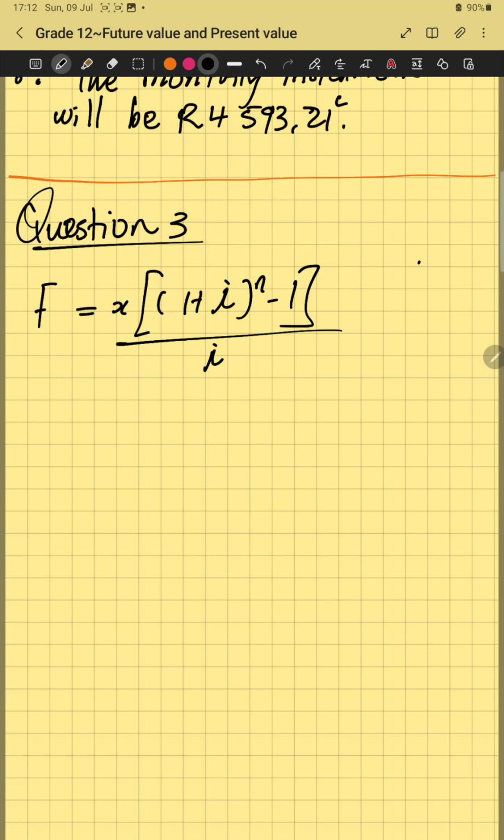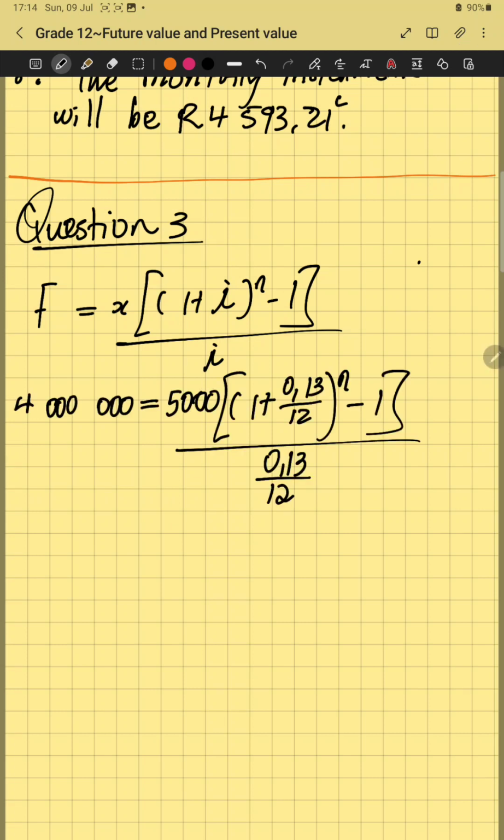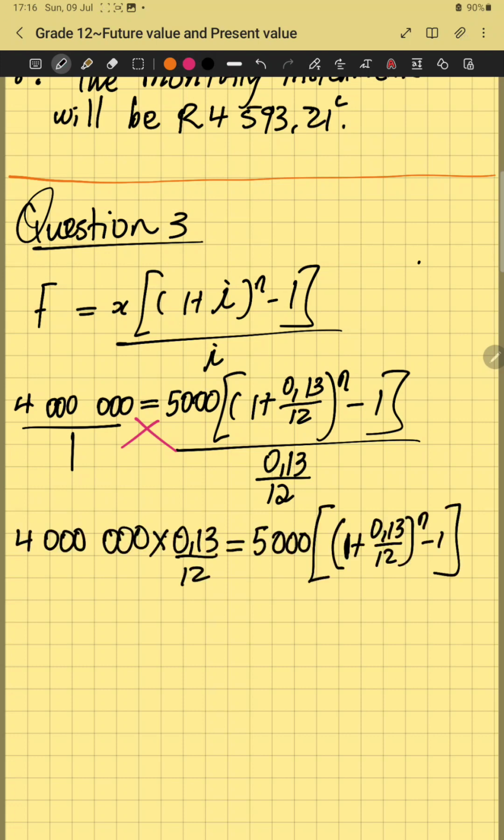I've already highlighted the given values in the statement, so let me just substitute. This is our substitution. Then from here, remember this one has a denominator of i, so we cross multiply this value times that one. So this is what we're going to have after we've cross multiplied.